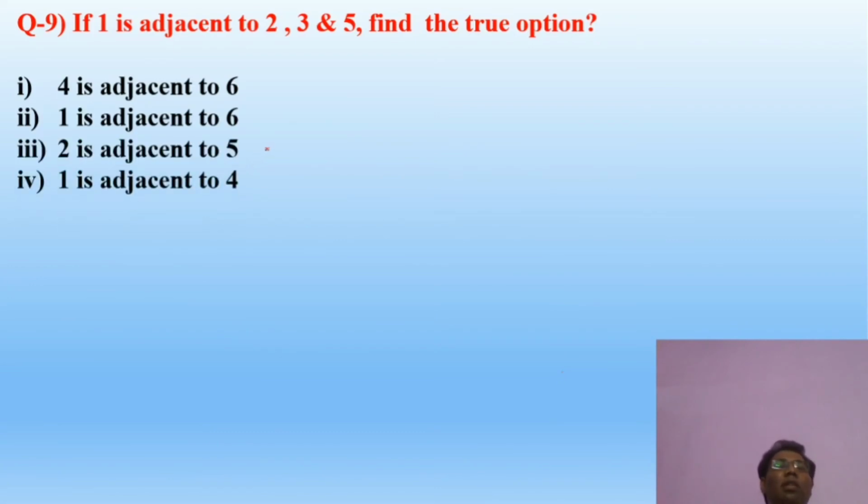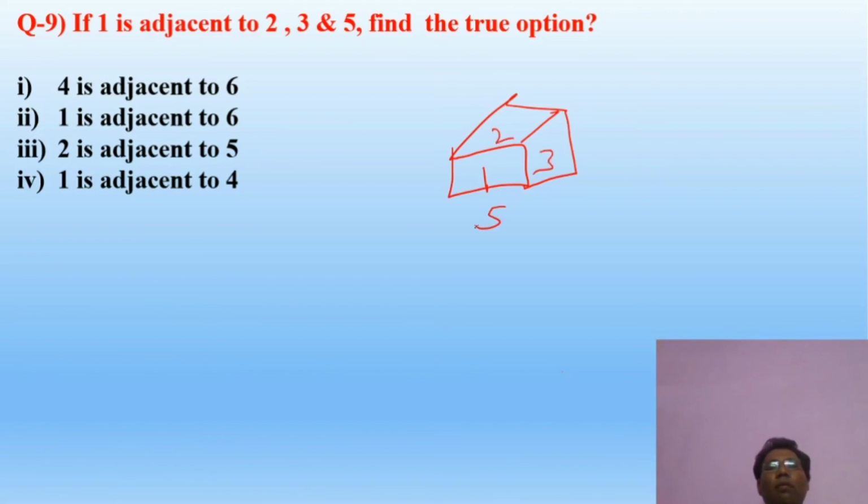If 1 is adjacent to 2, 3 and 5, find the true option. The options are: 4 is adjacent to 6, 1 is adjacent to 6, 2 is adjacent to 5, 1 is adjacent to 4. According to the question, 1 is adjacent to 2, 3 and 5.